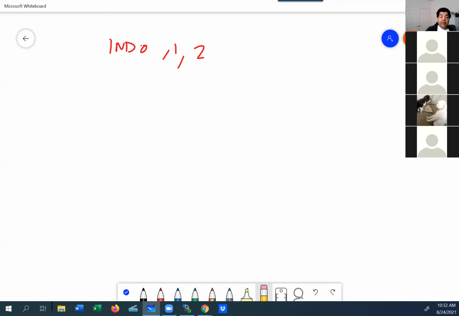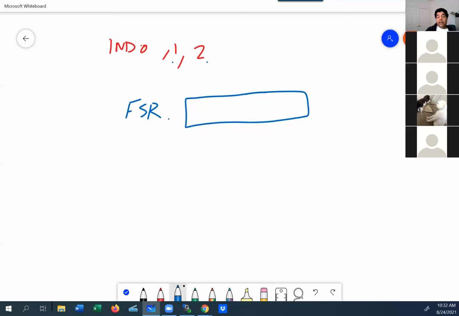Almost all of them will have a base address, and the base address is called FSR, with a number next to it indicating whether you're using 0, 1, or 2. You can use INDF to go directly to the location pointed to by this and start writing in it.